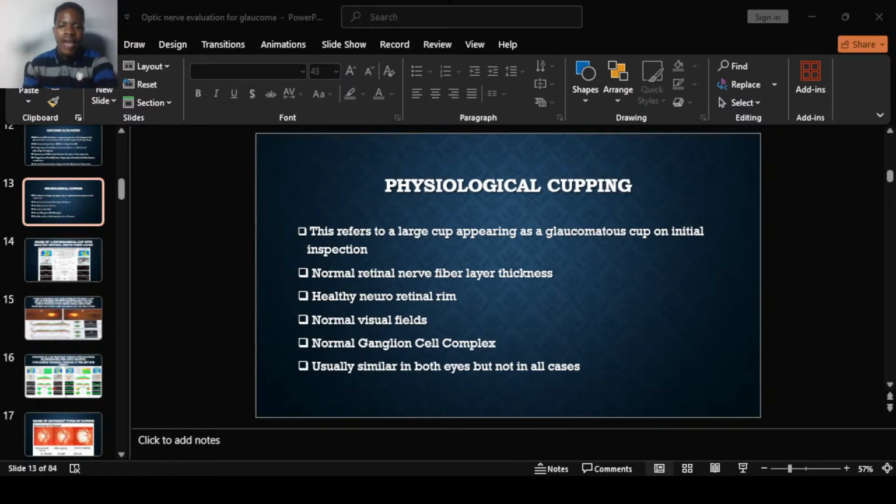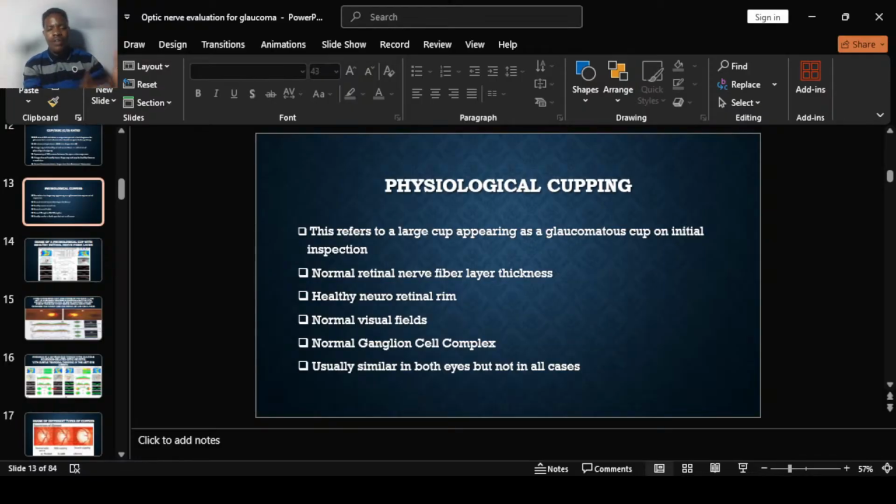In a physiological cup, apart from having a large cup, you will note the following: that the retinal nerve fiber layer thickness is normal. When you send for OCT, you will find that the retinal nerve fiber layer is still normal. You will also note a healthy neuroretinal rim.